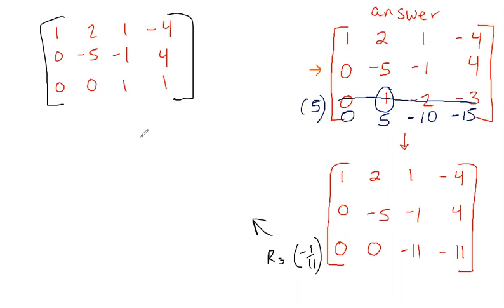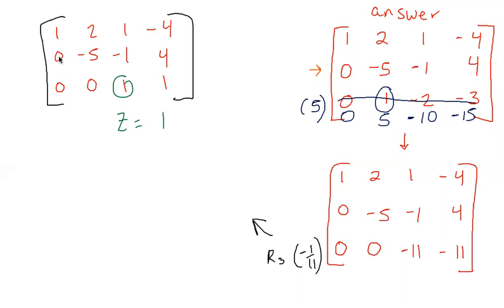So now how do we get our solution or our answers? Well, let's do it. We know here this is worth 1z, so z is equal to 1. And now we'll back substitute into row 2.